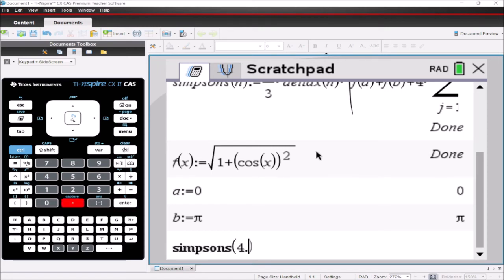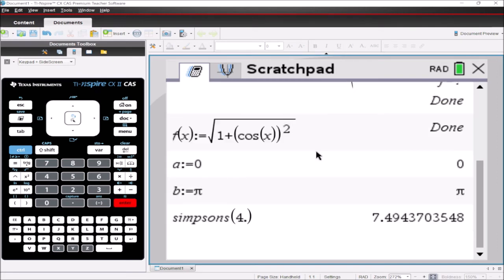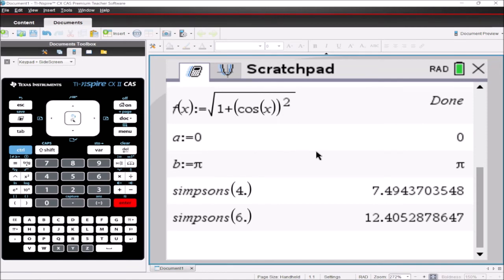Now we just need to start evaluating values of Simpson's rule until we get terms that agree up to 4 decimal places. All right, so Simpson's of 4. And remember, n has to be even for Simpson's rule, so let's look at 6. 8.